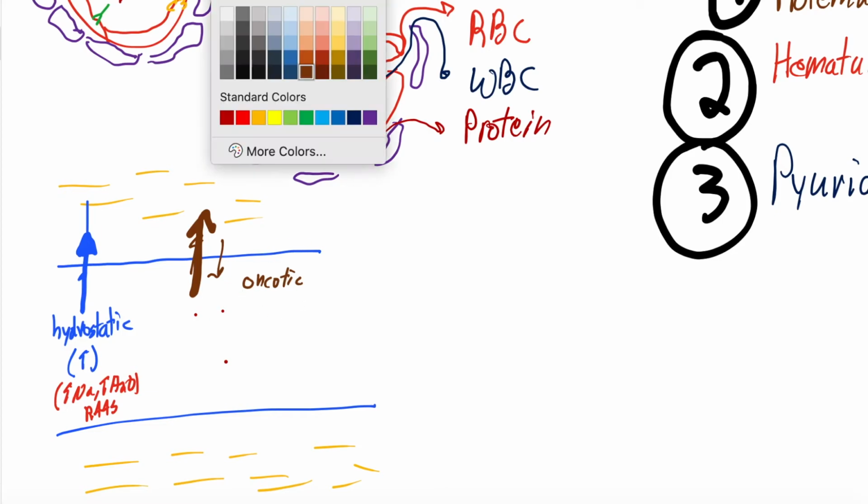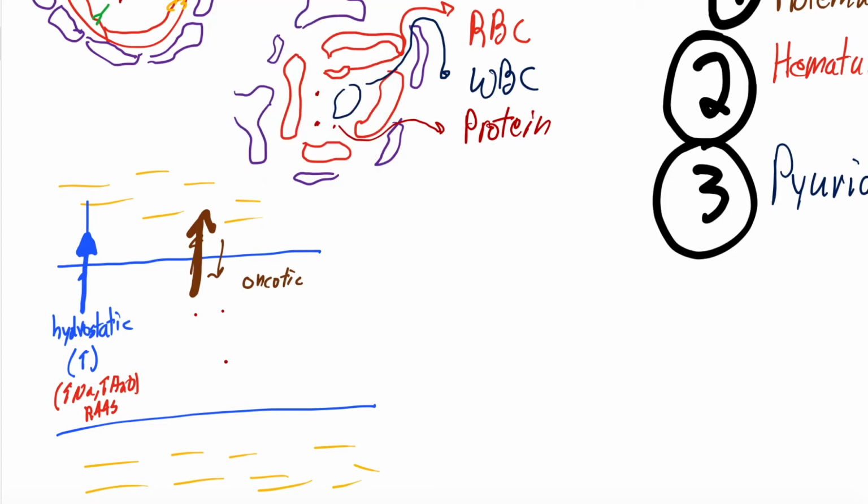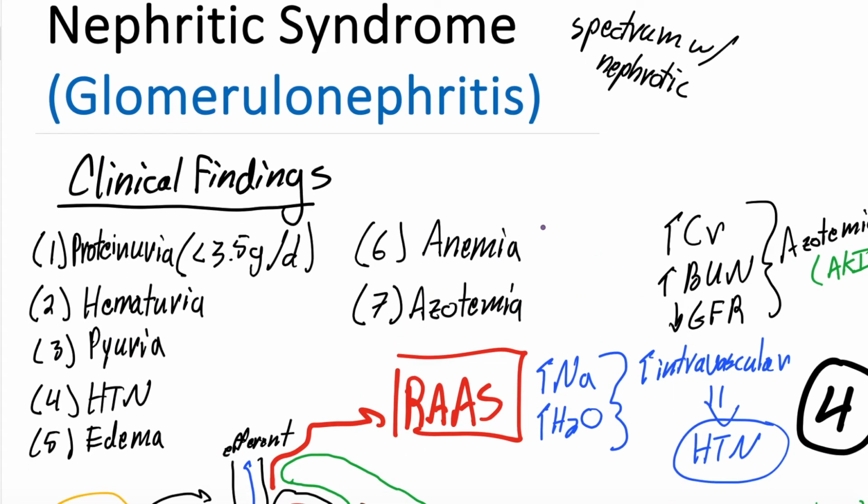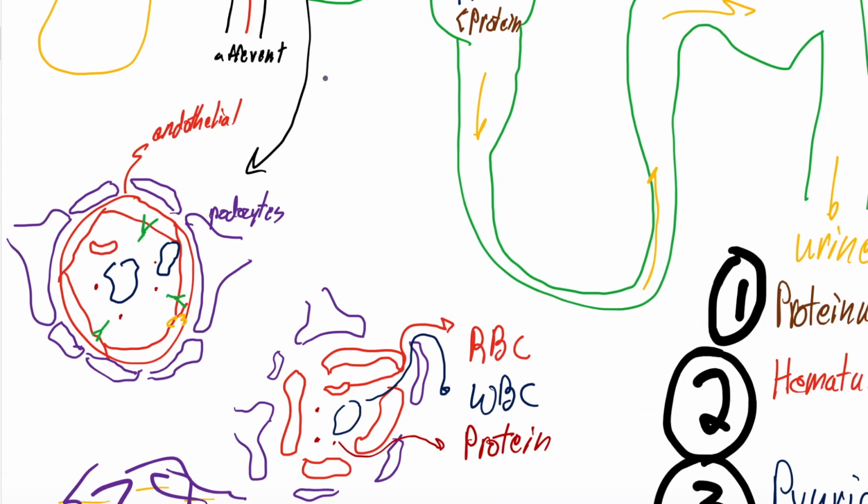So water, as our proteins intravascularly become depleted, will start to leak out of the vessel to follow that gradient towards the extravascular proteins. And thus we see fluid leaking out of the intravascular space into the extravascular space, causing edema and swelling. All right, and what number was this? Edema is number 5.